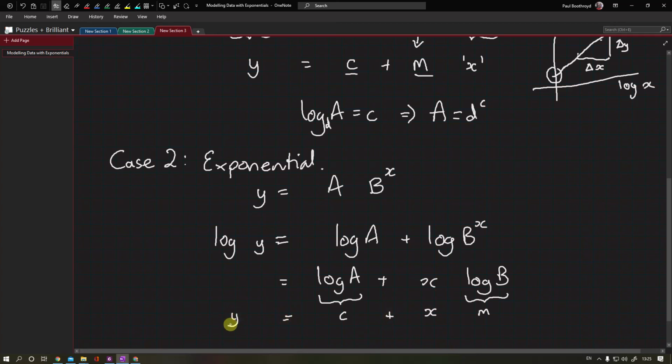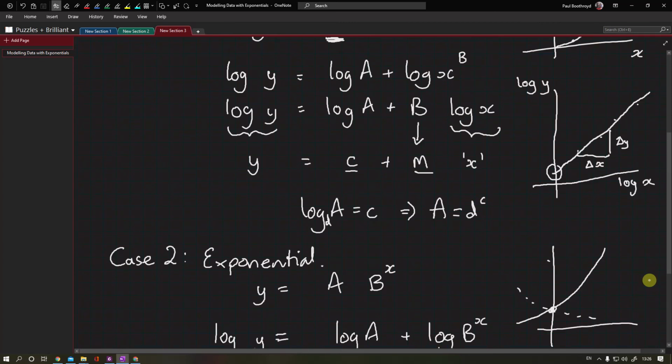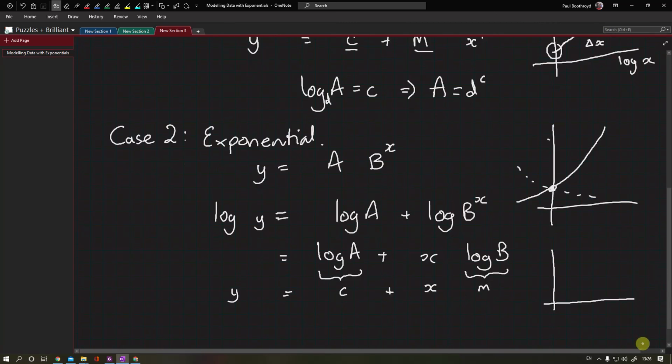So what we've now got is some form of exponential data which goes like that, or if it's a decay it does this. What you find is when you draw your line of x versus log y, I was just making sure I hadn't made the mistake above, you now get your straight line.